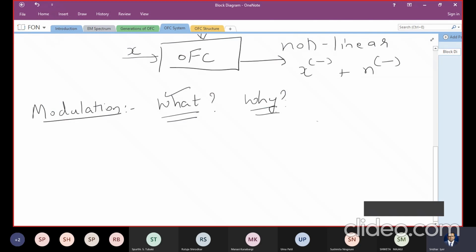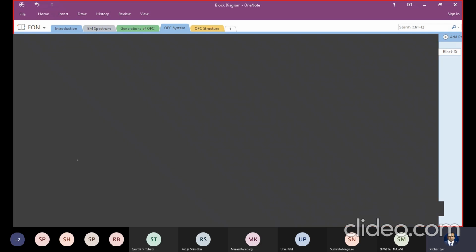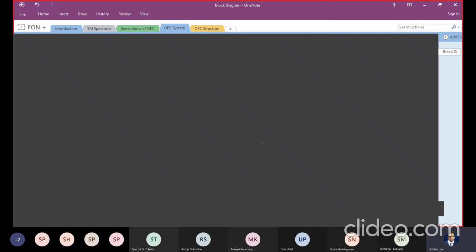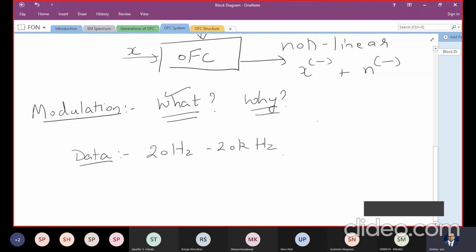Okay, so let me explain that with a diagram. I have done that in the class also, so very quickly I'll explain this to you. The data which you wish to transmit is between 20 Hertz and 20 kilohertz, because that is the frequency range which the human ear is susceptible to.